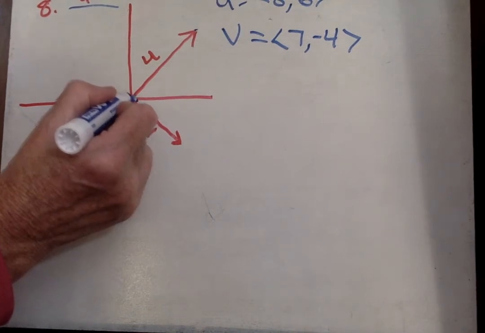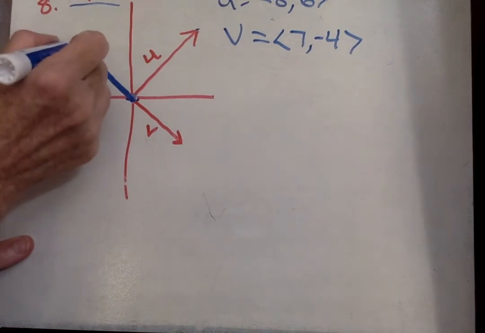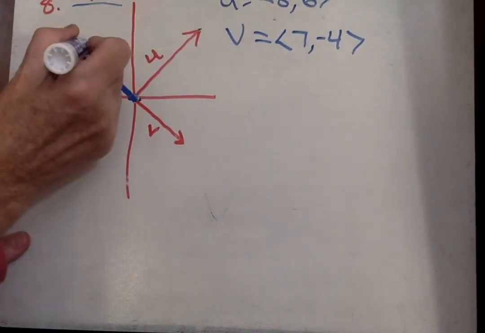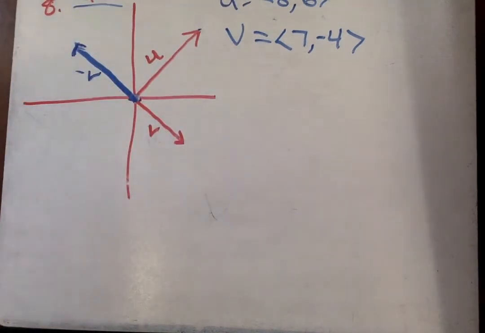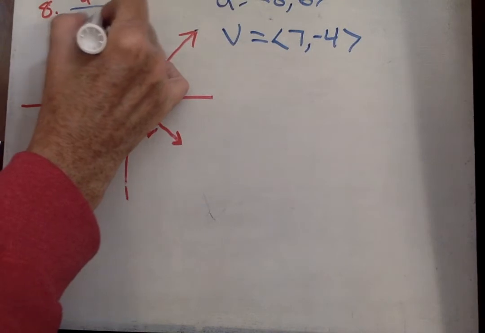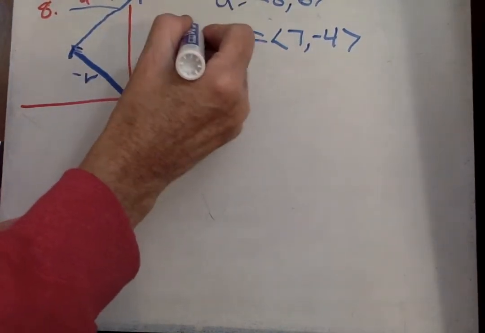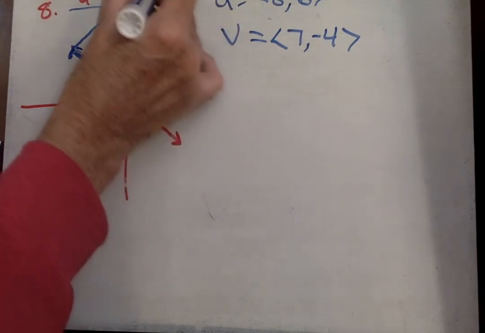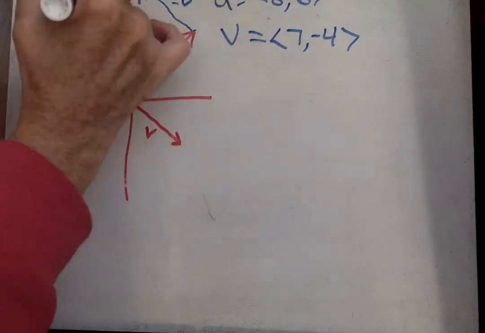So then we go negative v. Then we draw u over here on this side. And we also draw our negative v on this side. So this is our negative v, this is u.